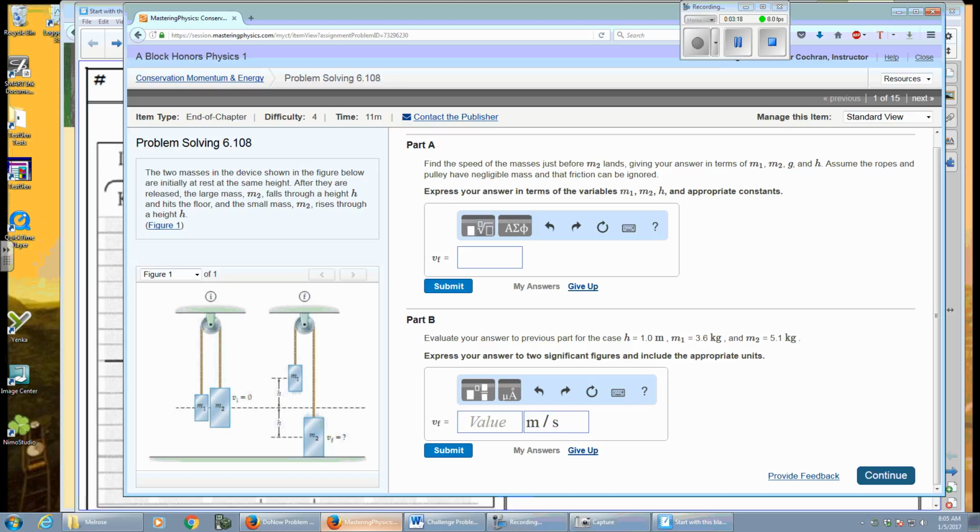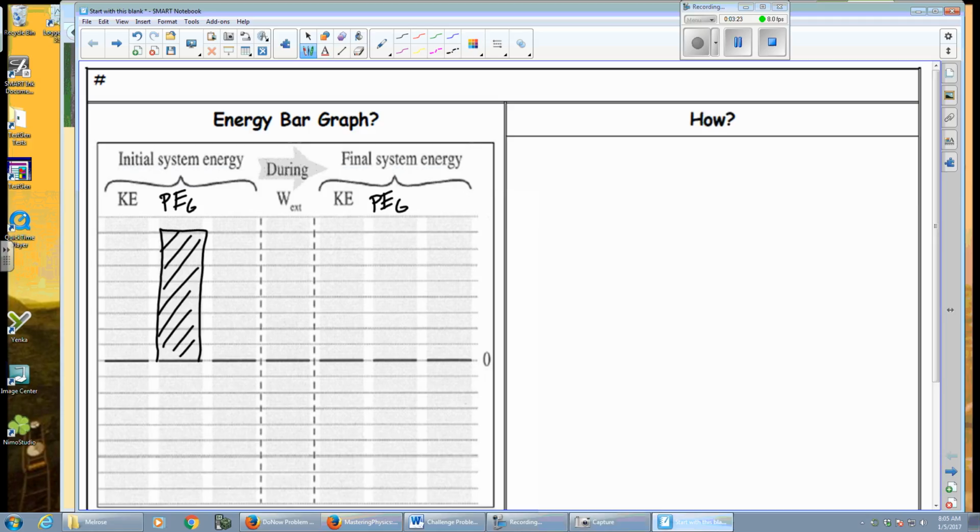In fact, we won't do that on the graph, but they're going to have some gravitational, here, let's give it, I don't know, 4 blocks. And that leaves us with 1, 2, 3, 4 blocks here. And so that would be my bar graph for it.